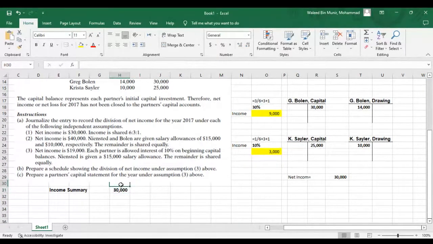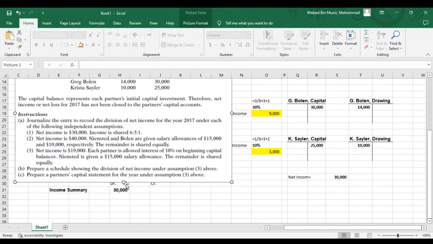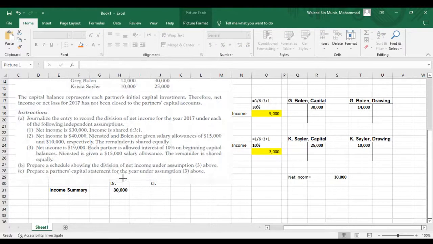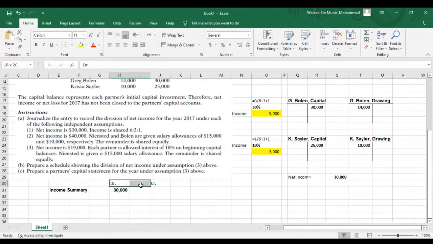This is what you call entries. One is debit and one will be credit entries. Okay. Is it clear? Yeah, the income is a debit. Yes.